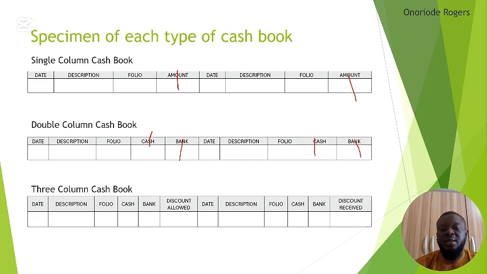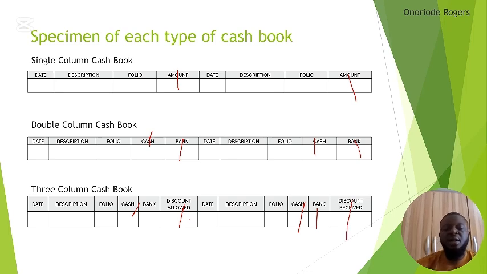It has 3 columns for amount. We have cash here, bank, then the discount allowed. The same on the other side: cash, bank, and discount received. That's what makes it a 3 column cash book.